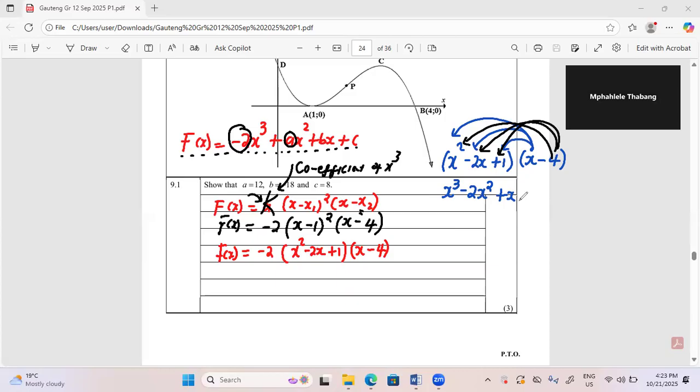Negative 4 times x squared is negative 4x squared. Negative 4 times negative 2x becomes positive 8x. Negative 4 times positive 1 is negative 4. So you have x cubed, and you add like terms. Negative 2x squared and negative 4x squared is negative 6x squared.